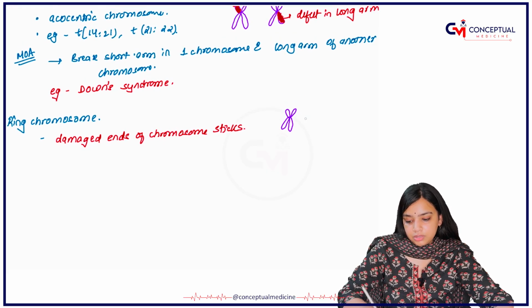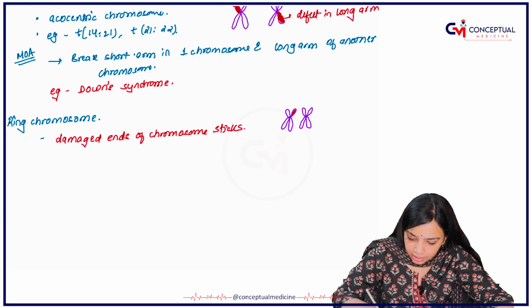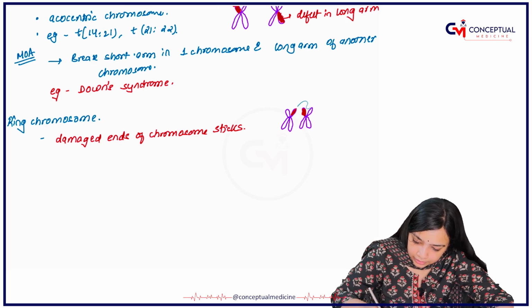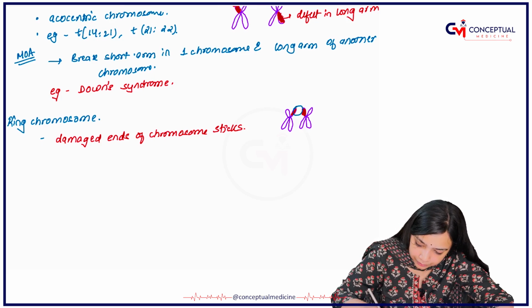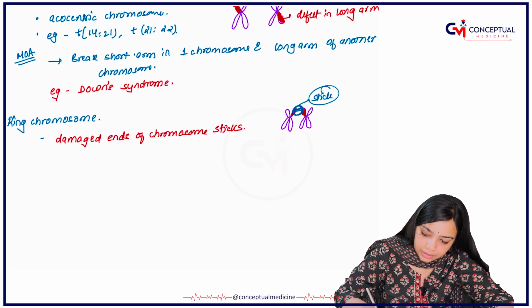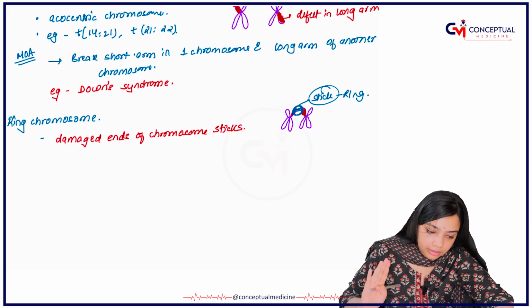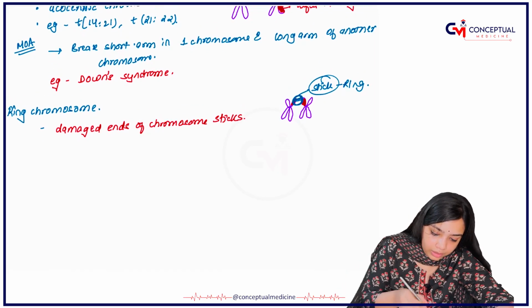Let's suppose these are the damaged parts. So what will they do? They will stick to each other like a ring, forming a ring. That is why it is called a ring chromosome. Okay, what is the example?